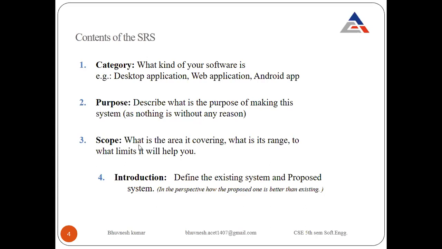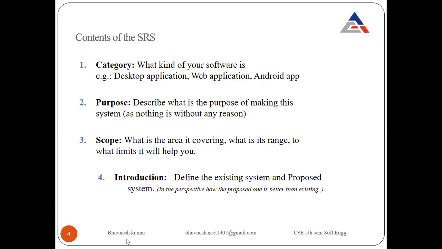Scope: what scope does this project have in the future? If there is an existing project, what is the new project or the new modification done on that project, and what scope does it have? That we have to mention.